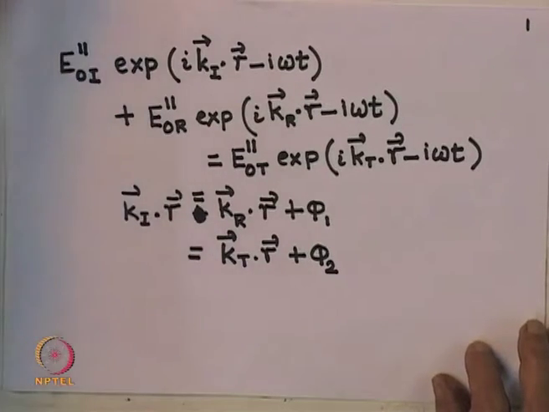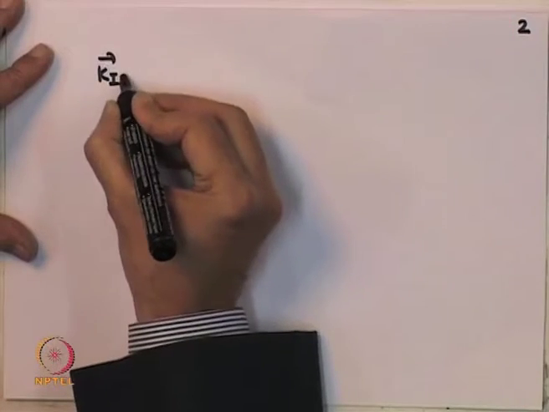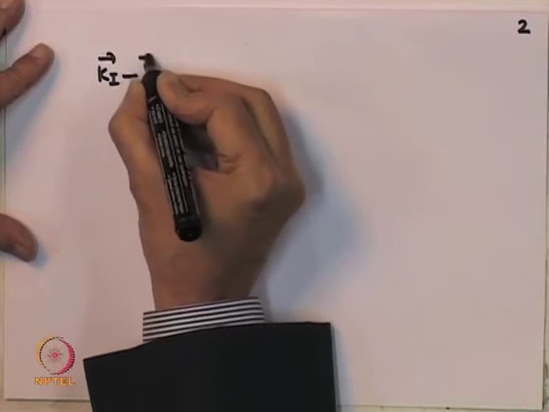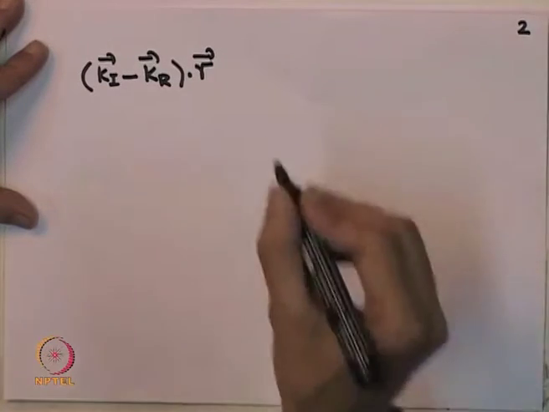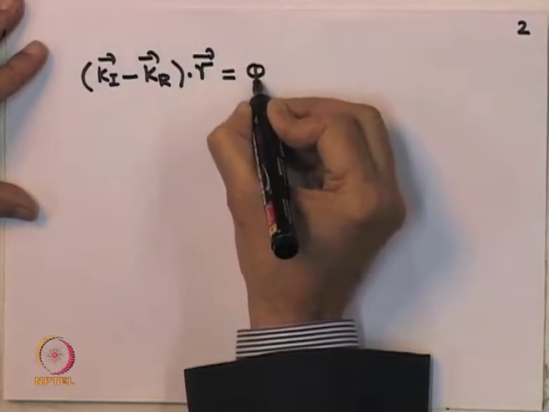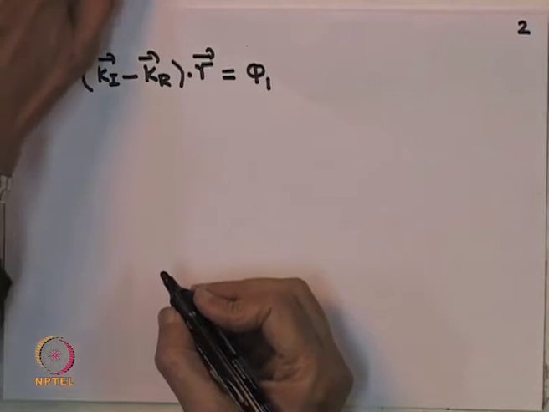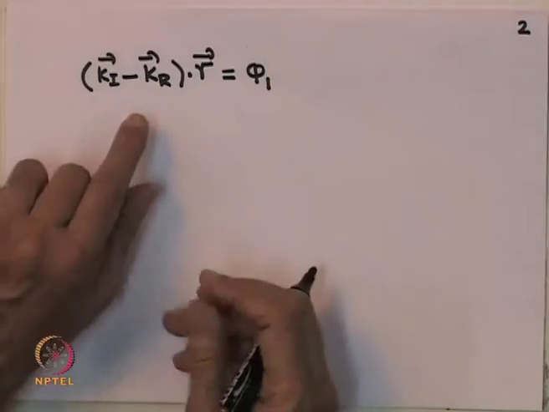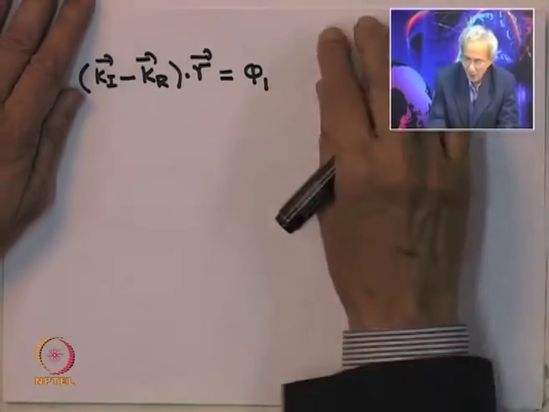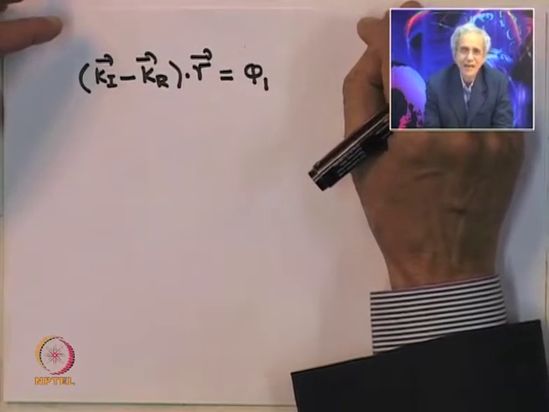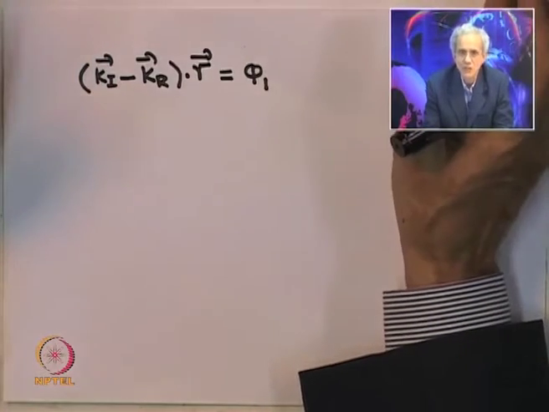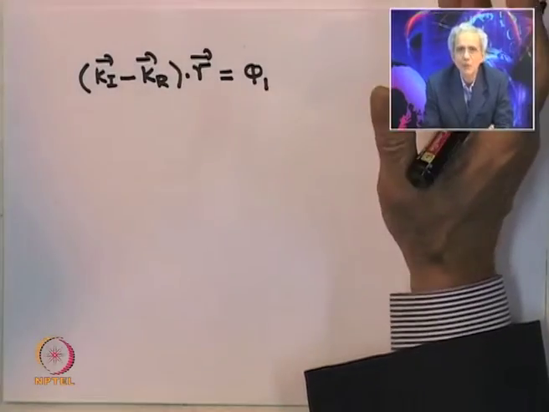The first equation is telling me that (k_i minus k_r) dotted with r, where r, as you remember, is the position vector on the plane, is equal to phi 1. Now, we are all familiar with the vector equation of a surface. We know that if the normal to a plane is given by a vector n, then n dot r equal to a constant defines the equation of a surface.